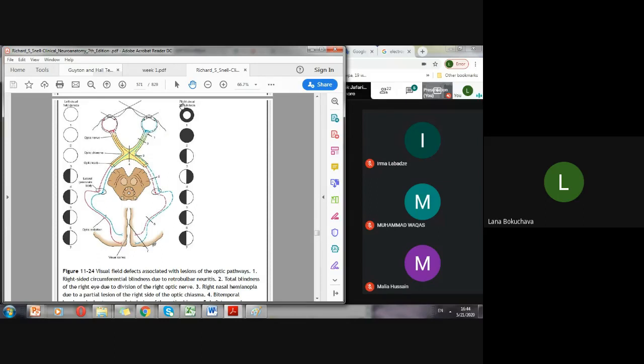So as a result, on the right side I will have scotomas, for example, or in the case of total dissection of the optic nerve, I have total blindness. Again and again, ipsilaterally to the injury. Is it clear what I'm saying till now?